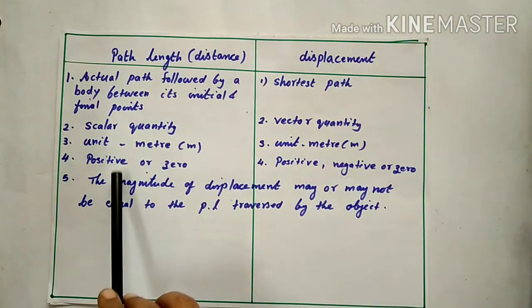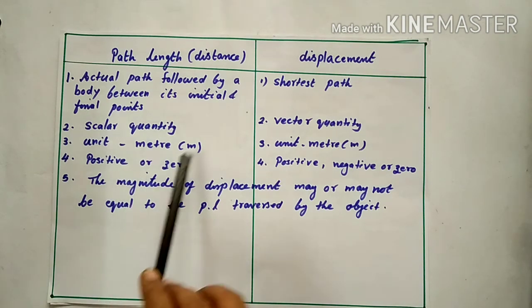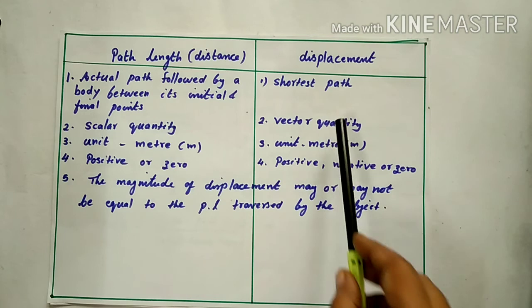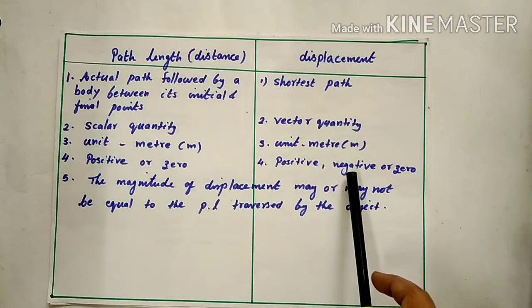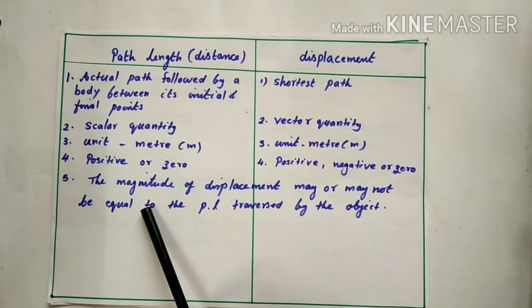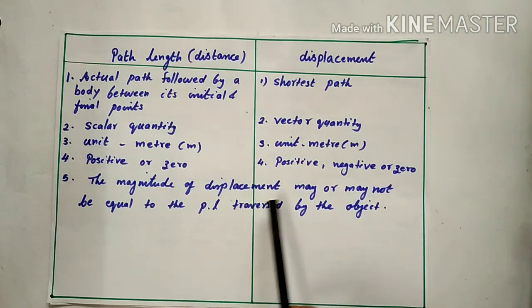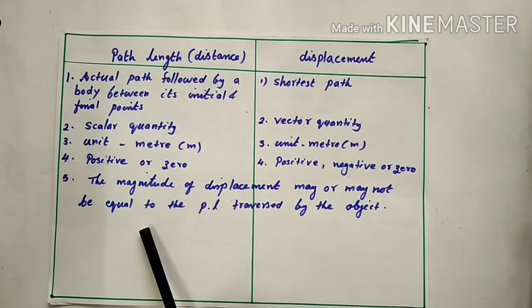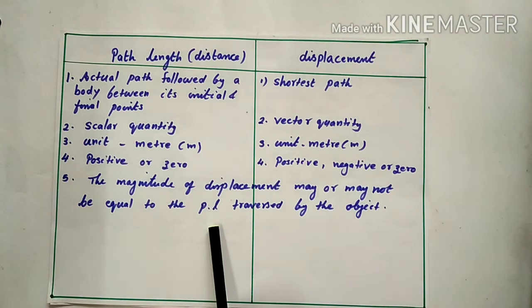The magnitude of path length may be positive or 0. Magnitude of displacement may be positive, negative or 0.